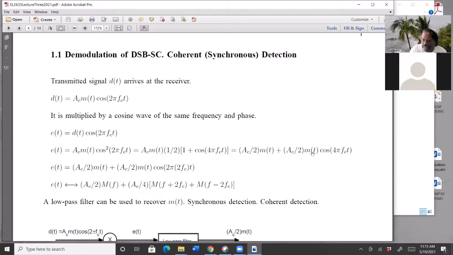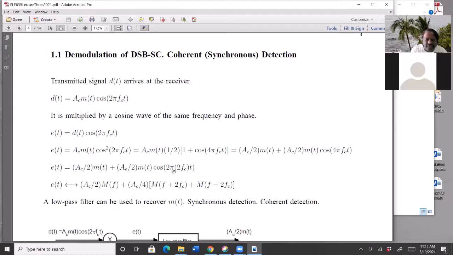But we know the spectrum of this will be around 2f_c because we know the spectrum of DSB-SC. The message is between 0 and 20 kilohertz, and this will be 680 multiplied by 2 kilohertz, like 1300 kilohertz. This will be around 1300 kilohertz. Here the maximum is 20 kilohertz. So what we do, we send it through a low pass filter.